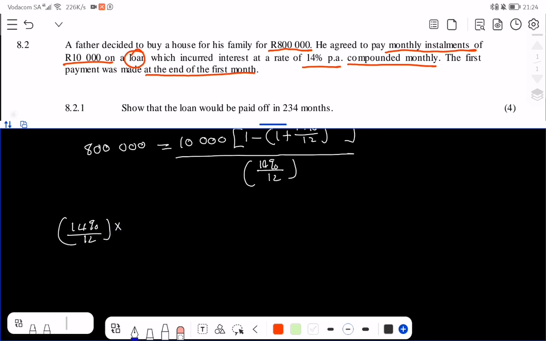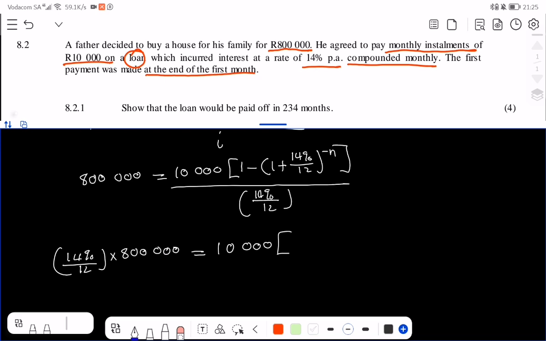On my left hand side, I'm left with 14% divided by 12 times 800K. On my right hand side, when I multiply by 14% divided by 12, they cancel out because my denominator is the same as 14% divided by 12. So I'm left with 10,000 open bracket 1 minus 1 plus 14% divided by 12 to the power of negative n.